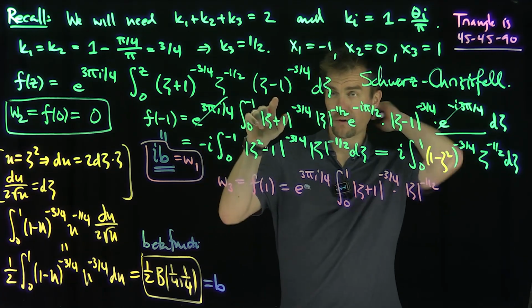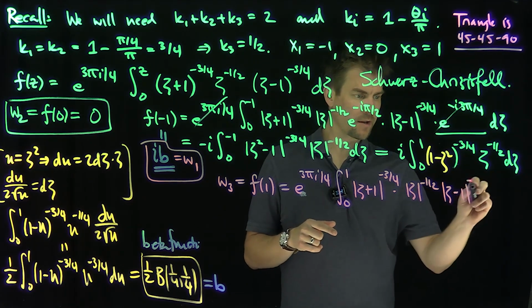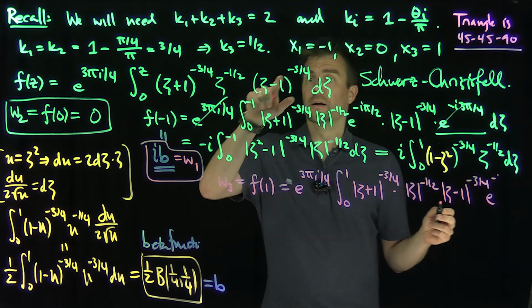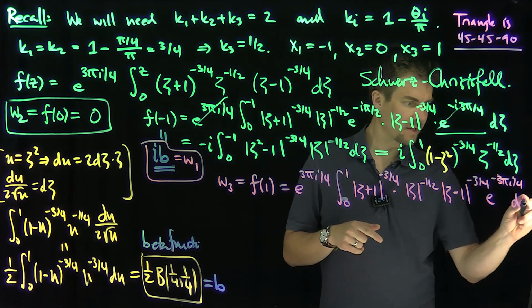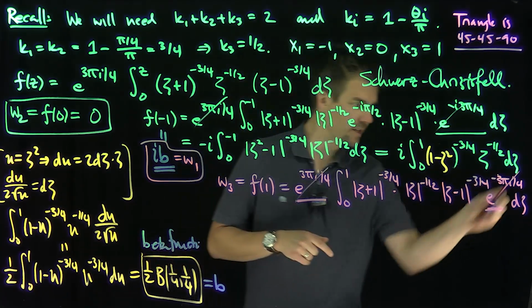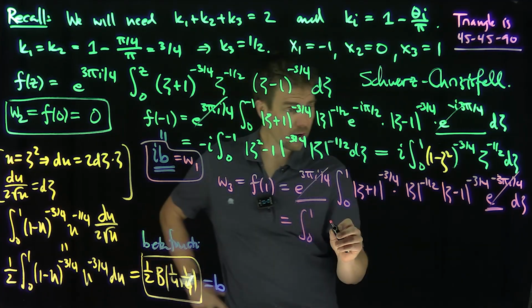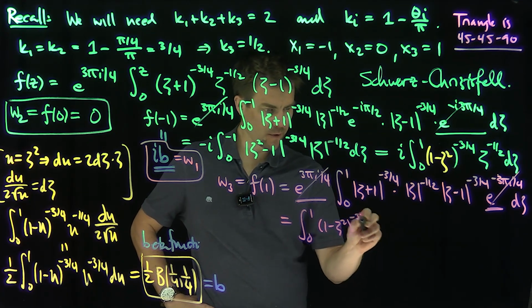Now an argument change over here, right? So that's going to be a zeta minus 1 to the negative 3/4, and then e to the minus 3 pi i over 4 d zeta. Oh, look at this factor over here and this factor over here. That's why I chose them. Those two factors cancel out. And f of 1 is just the integral from 0 to 1 of 1 minus zeta squared to the negative 3/4.